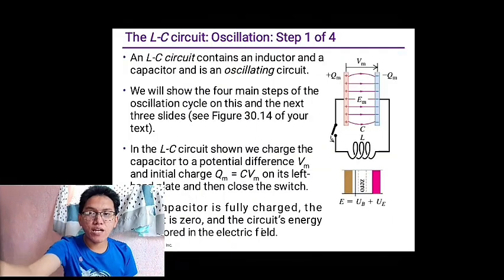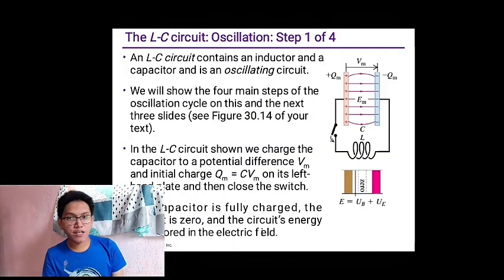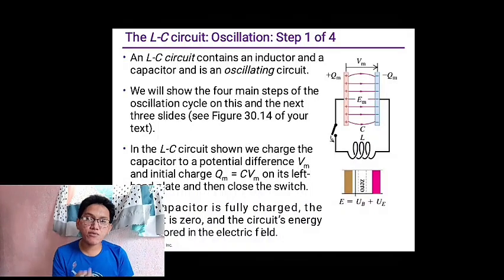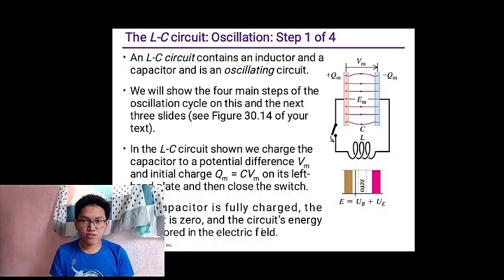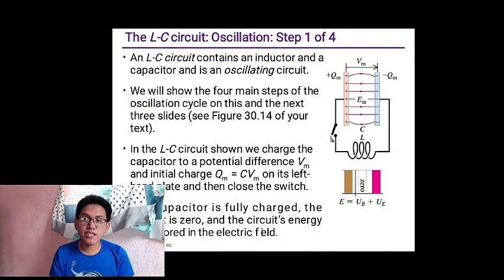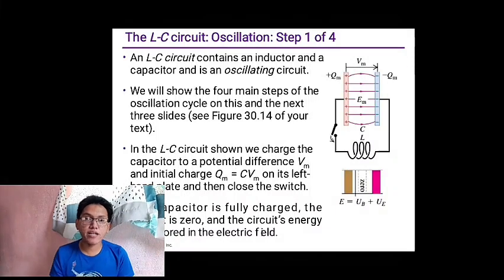So, now we have here the LC circuit. So, it is the oscillation. An LC circuit contains an inductor and a capacitor and is an oscillating circuit. The circuit energy oscillates between the electric field of the capacitor and the magnetic field of the inductor.